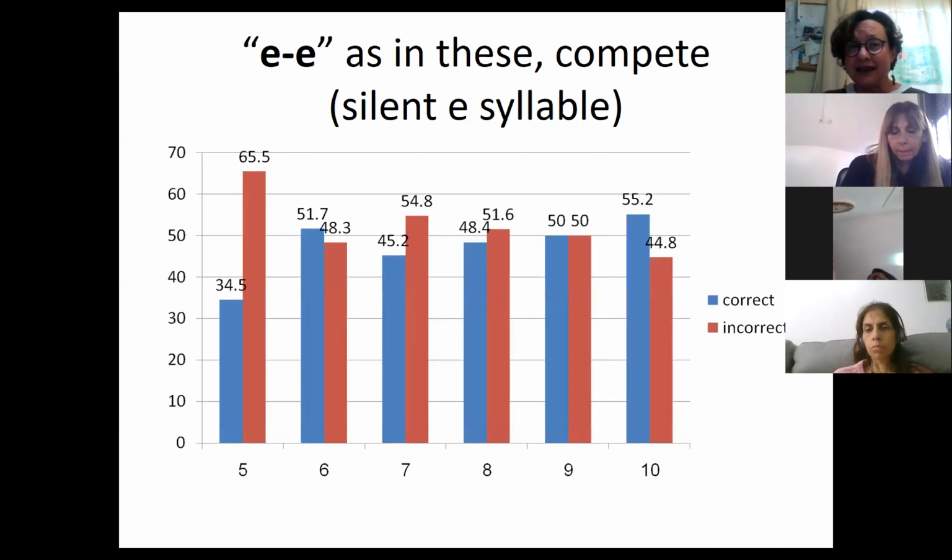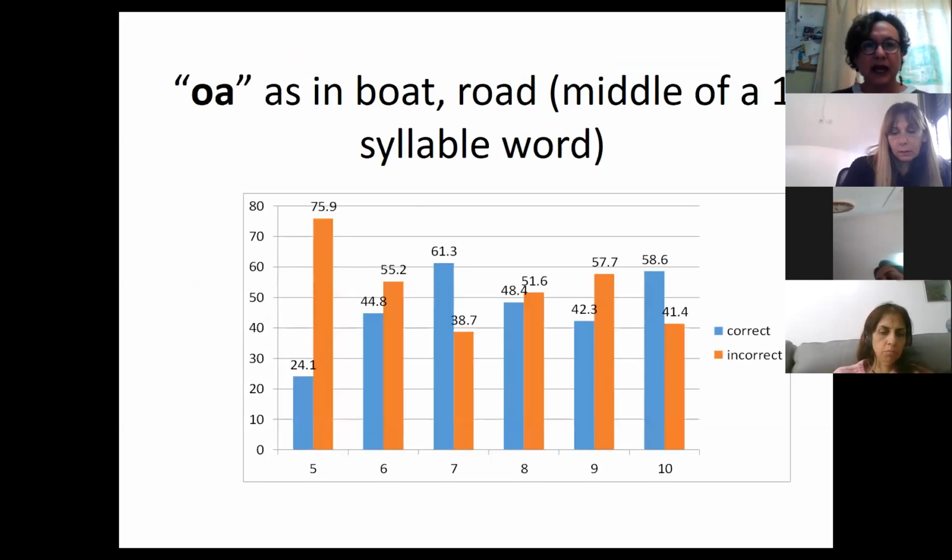And here we have the E with a silent E. Okay, we've had the A, I, O, U, and now the E, like in the word these or compete. And here we have the OA. So interesting, because when I first started studying this, I thought something like OA was so simple.